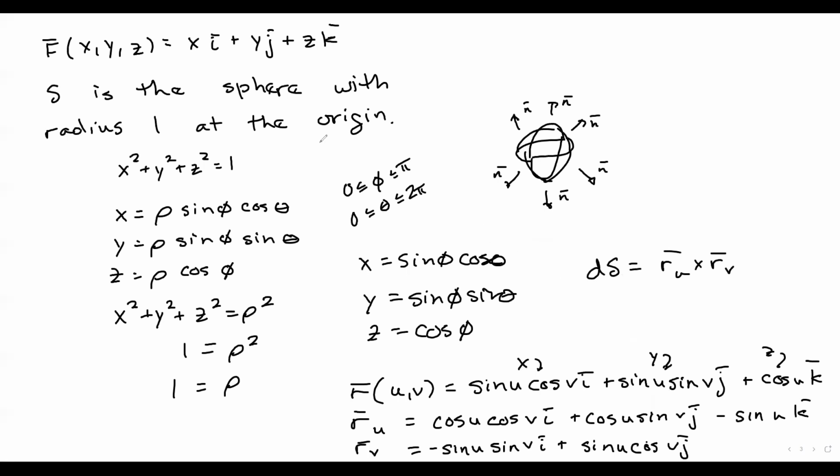The answer does kind of make some sense, at least you get a positive answer, right? If you think about what x plus y plus z looks like, if you were to graph it, it's going to be values that are pointing away from the origin.